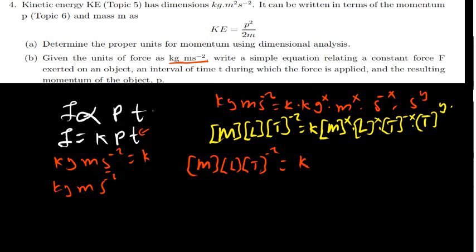We have things in common, L, T and T. So we have M to the power 1, L to the power 1, and T to the power negative 2. The powers here give M to the power X, L to the power X, and T to the power negative X plus Y.